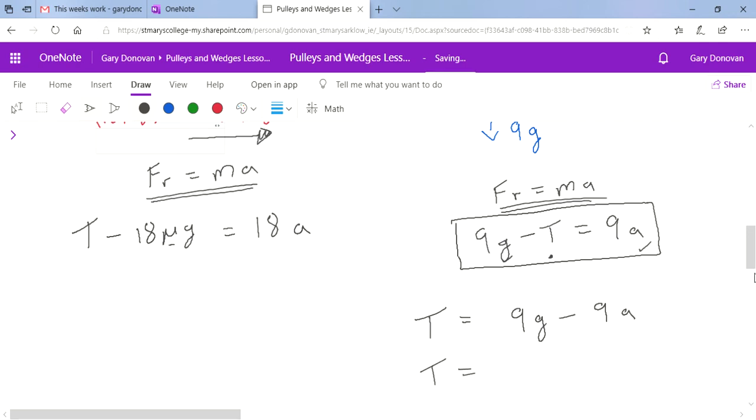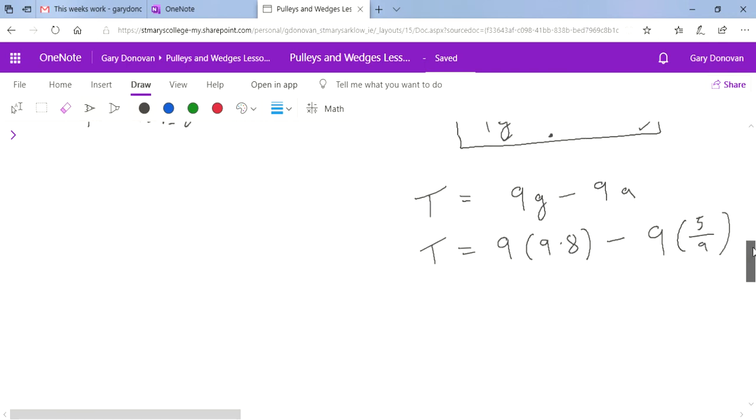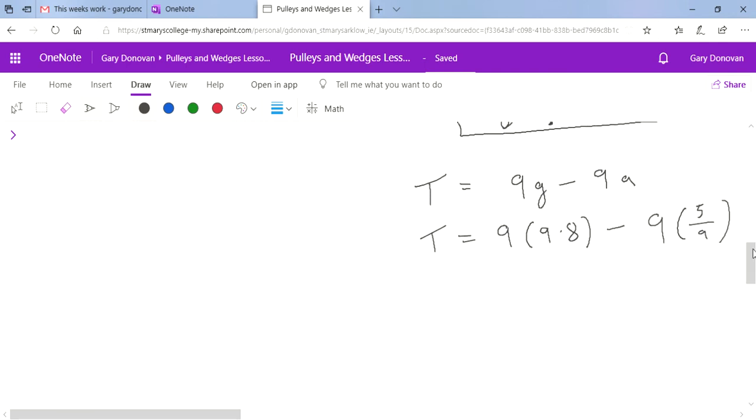So T equals 9 times 9.8 minus 9 times 5 over 9. The value of gravity is 9.8 and the value of a, they told us, is 5 over 9. So put that into your calculator and you get an answer of T equals 83.2 newtons. Newtons is the unit of force. And that's part 2 done.